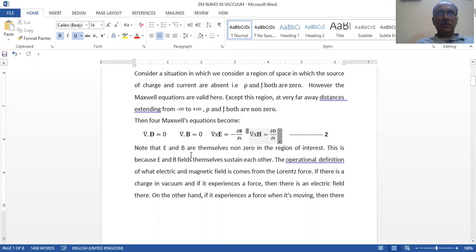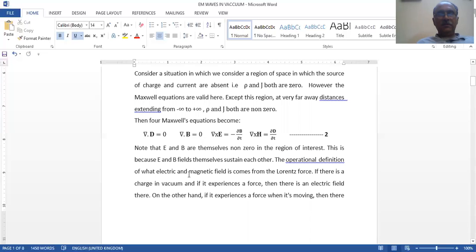Note that it is important to understand that E and B are themselves non-zero in this region of interest, where rho and J are both 0. This is because the E fields and B fields are self-sustaining fields, meaning they both support each other.